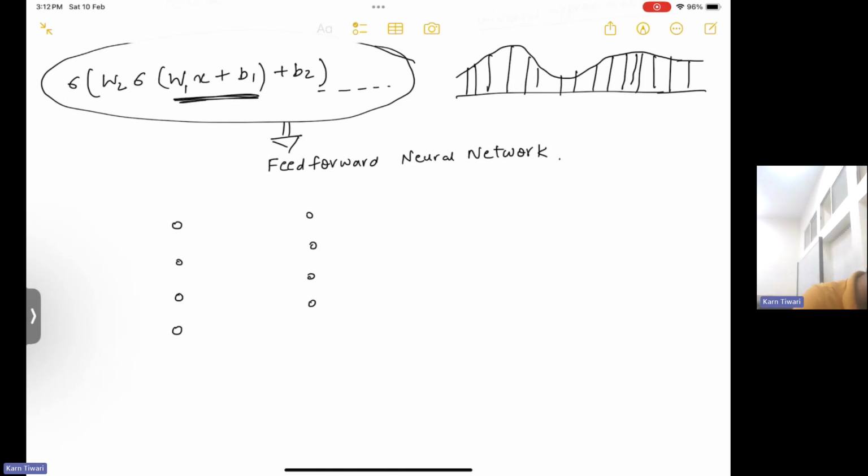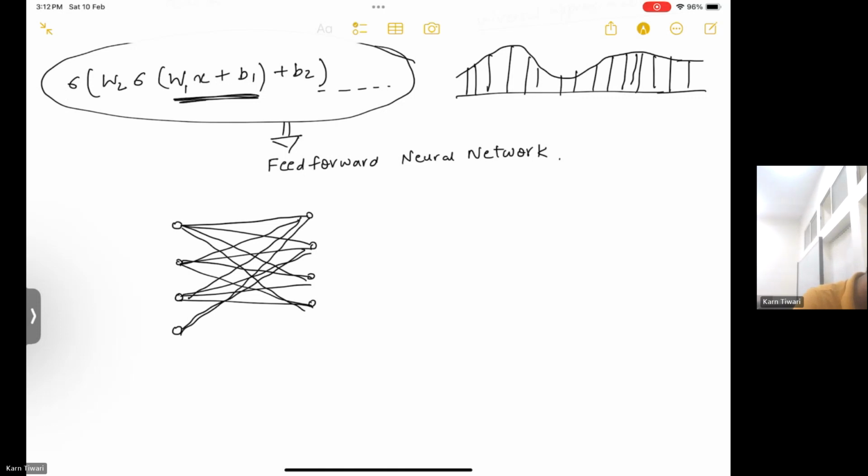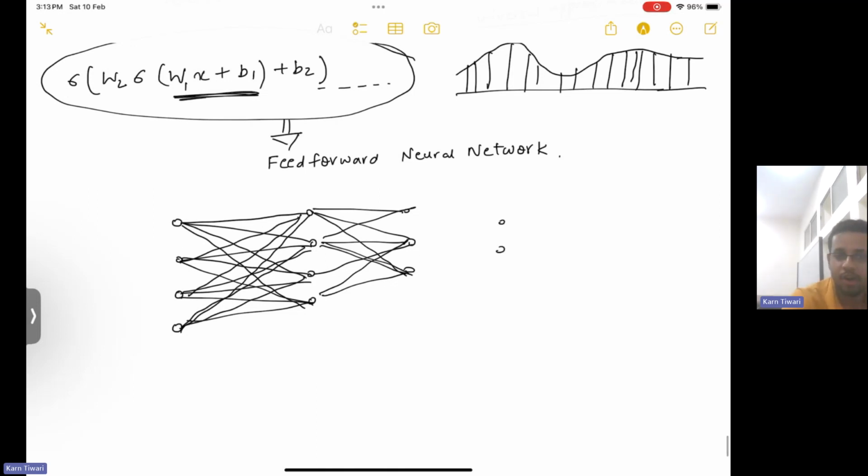So we have a hidden representation in which each input is connected to all the hidden representation. We can have more hidden layers, and finally we need to project it to the dimension of the output, because that is what we want.